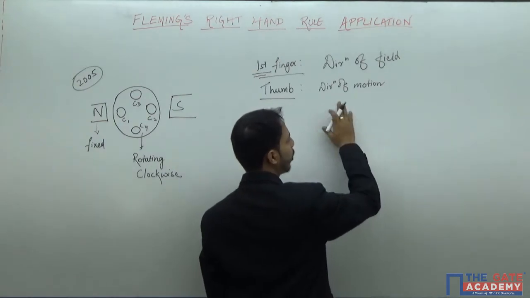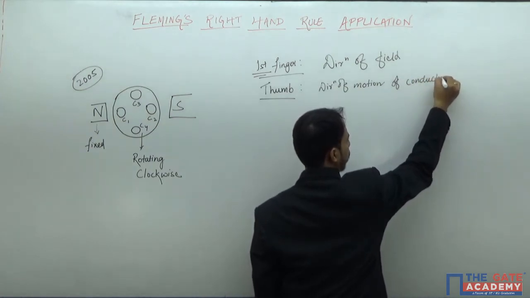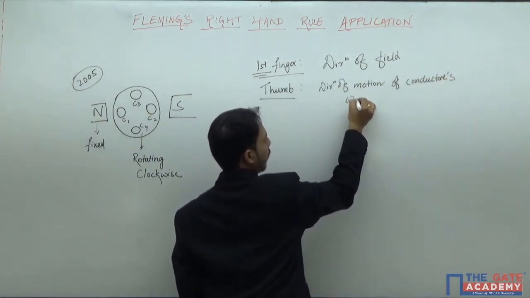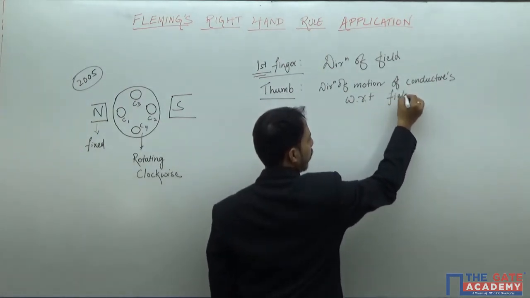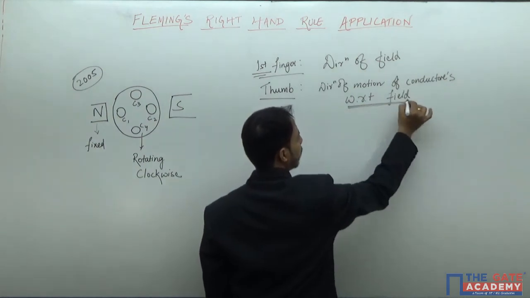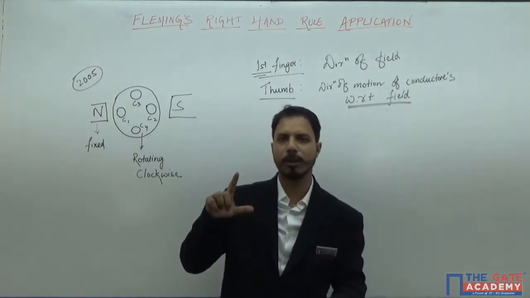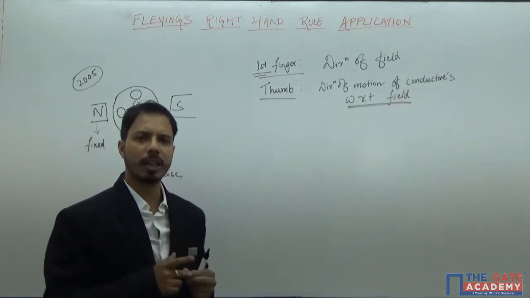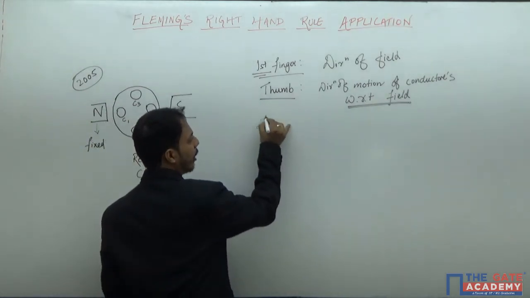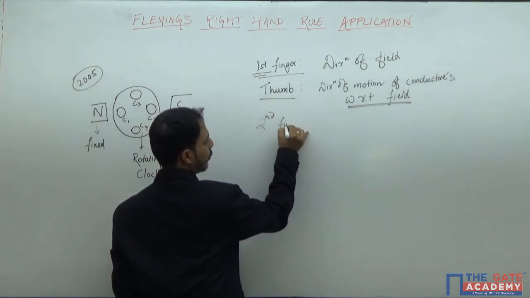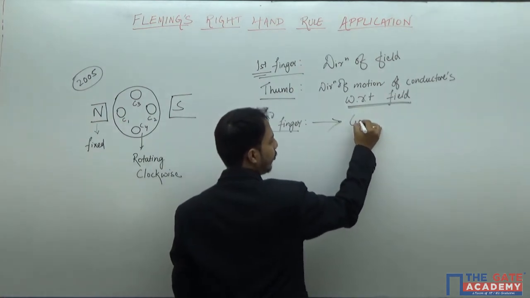Direction of motion of conductors with respect to field. This is very important to understand. Once we have these two directions, the finger which is left, that is the second finger, will give us the direction of induced EMF.